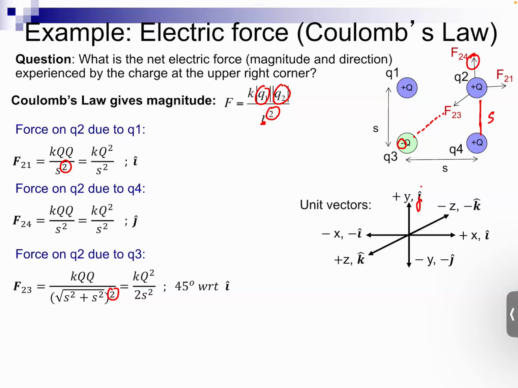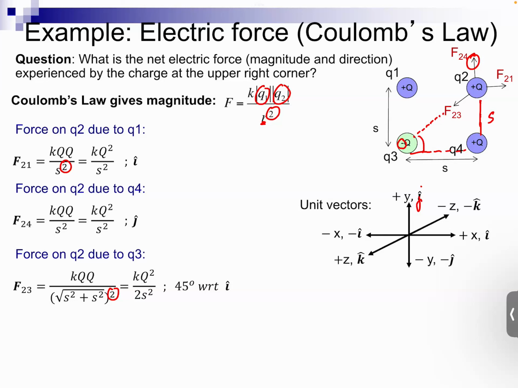Then you will get the magnitude of the force on Q2 because of Q3. For the direction, you have a right angle triangle, so this angle will be 45 degrees, 45 degrees relative to the positive X direction, or I hat.